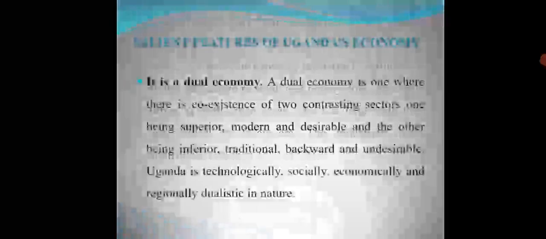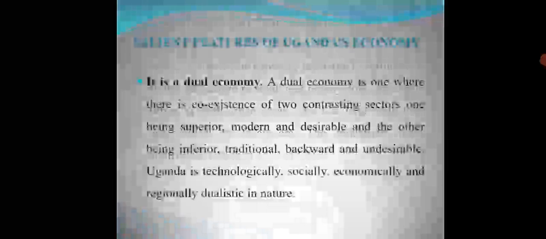The other feature, we talk of dual economy. Uganda is a dual economy. A dual economy is one where there is coexistence of two contrasting sectors, one being superior, modern, and desirable, and then the other being inferior, traditional, backward, and undesirable.